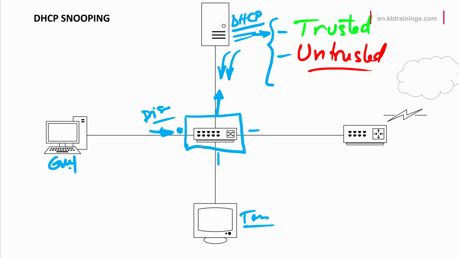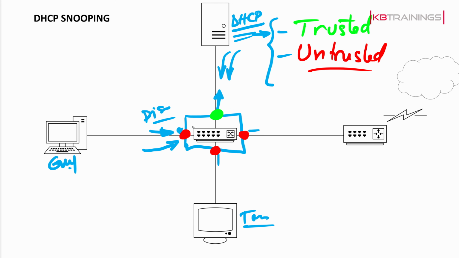So in our case here, for example, where are going to be our trusted ports? The trusted port will be here, okay? And then untrusted ports are here, there, and there. And the principle is that a discover that is coming on an untrusted port will never be sent to another untrusted port.